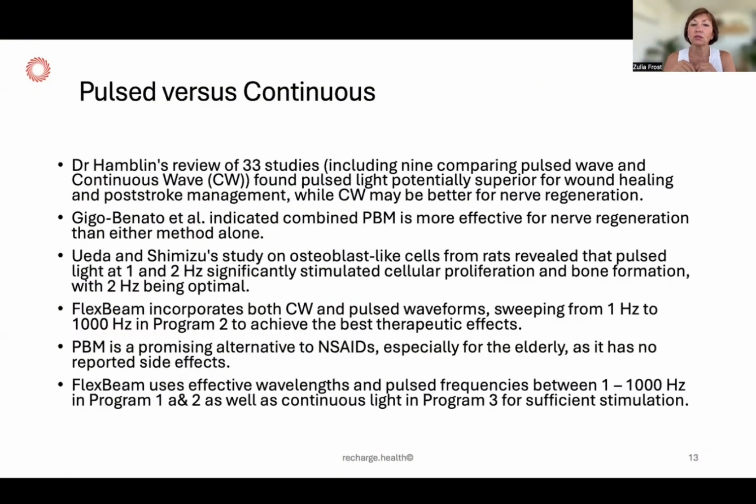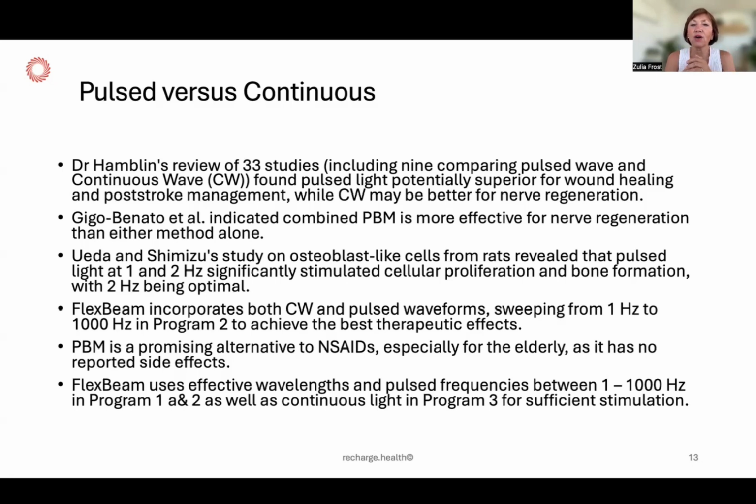There is a paper called Dive into Complexity by Dr. Michael Hamblin and other authors, where they reviewed approximately 33 studies, and part of this paper is a discussion about whether we should use pulse waveform or continuous wave. Continuous wave is abbreviated CW.